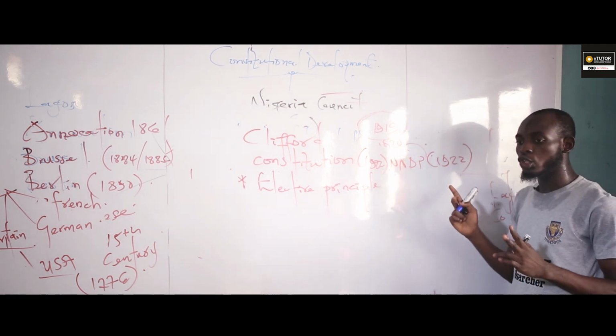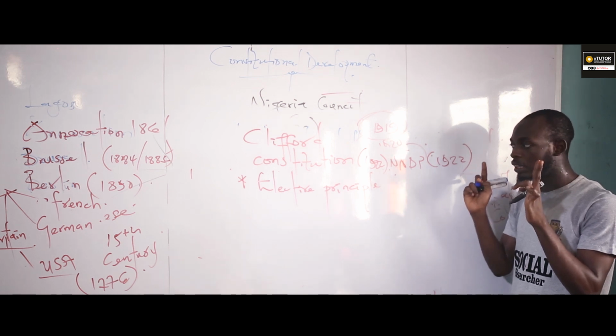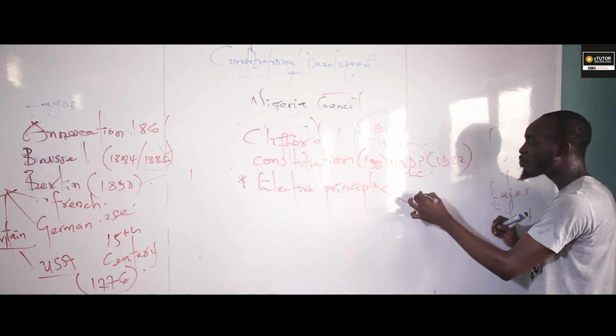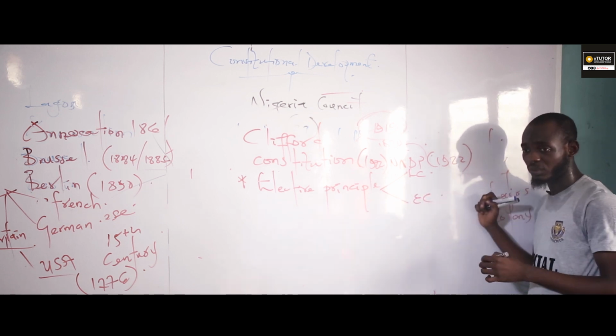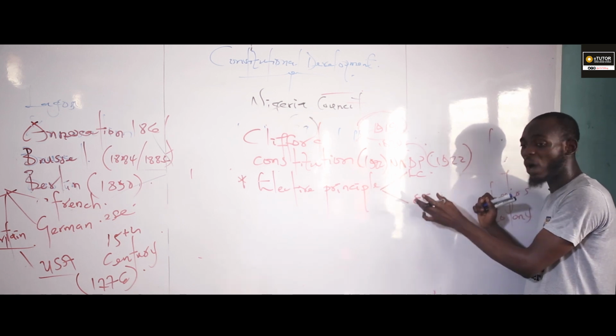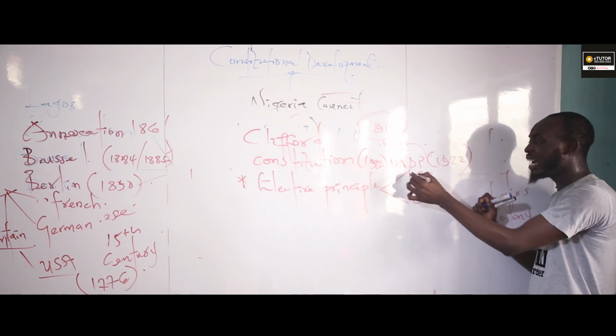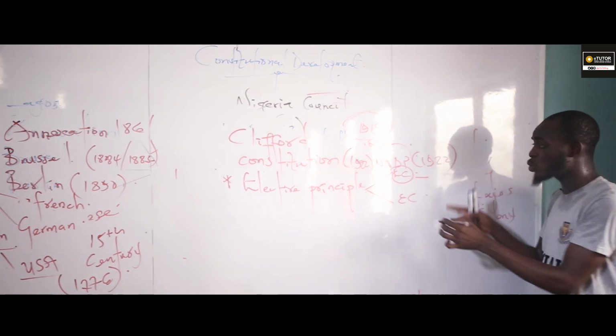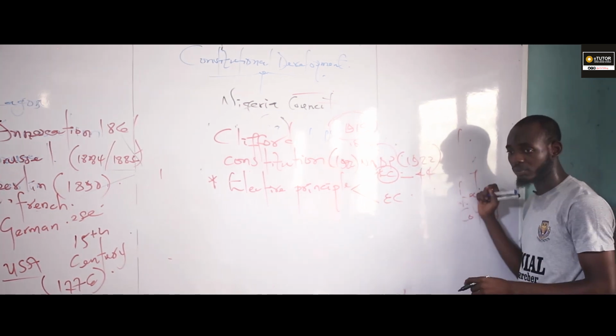Under the Clifford Constitution, we have two introductions: the Legislative Council and the Small Executive Council.